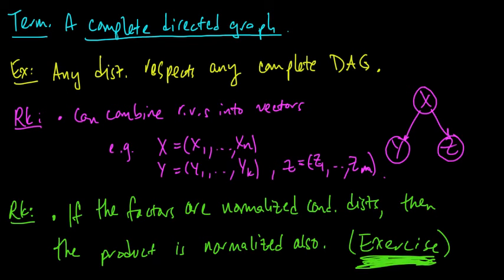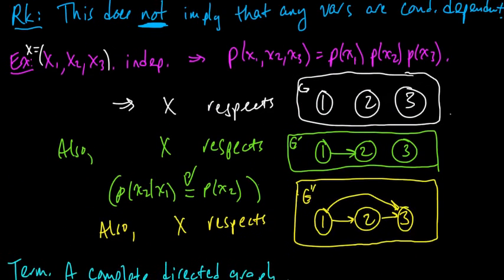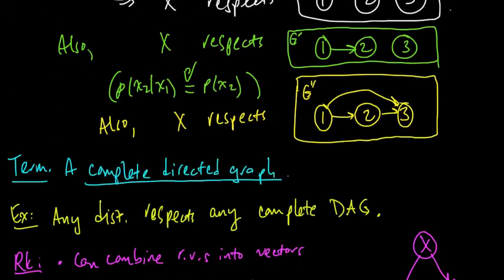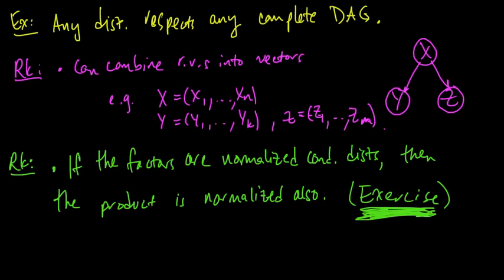And I want to emphasize one more time, with all this conditional independence and conditional dependence stuff, the reason why this is so important is for tractable inference. So keep in the back of your mind that the reason why we're going through all this and why we're so concerned with conditional independence is that if we can get some good conditional independence properties, we can do tractable or efficient inference.